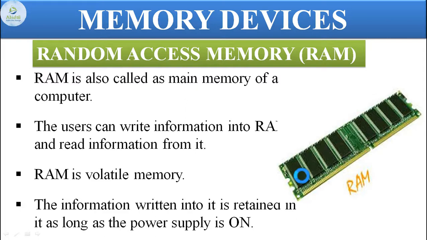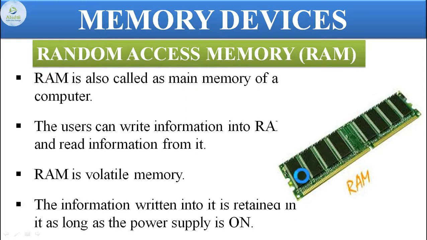Volatility is the inability to remember the contents when the power supply is switched off. That means the RAM stores the information only as long as power is supplied. When the power supply is cut off, the RAM erases all its contents and becomes refreshed.